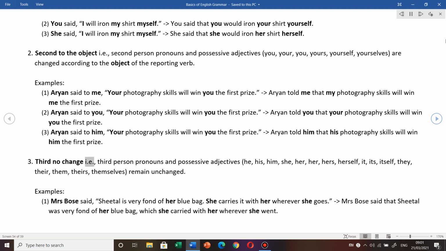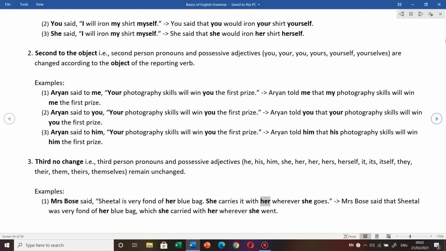Third, no change: third person pronouns and possessive adjectives, he, his, him, she, her, hers, herself, it, its, itself, they, their, them, theirs, themselves, remain unchanged. Examples. Mrs. Bose said, "Sheetal is very fond of her blue bag.